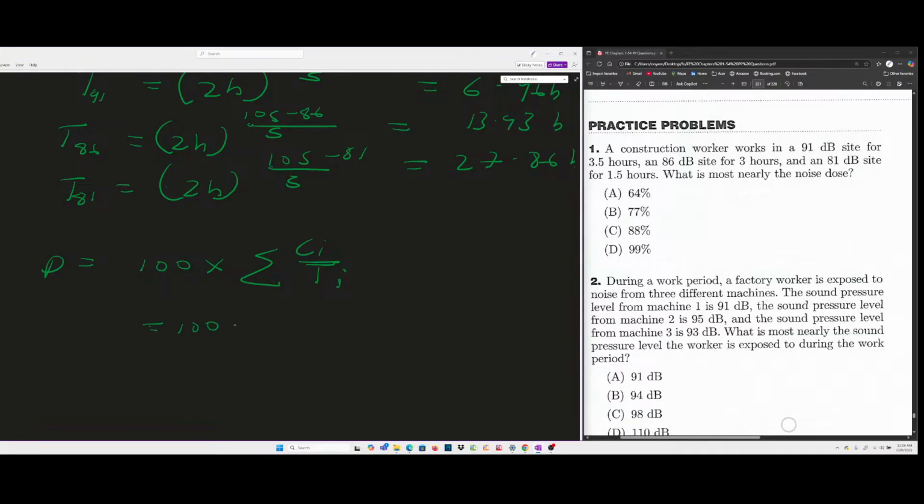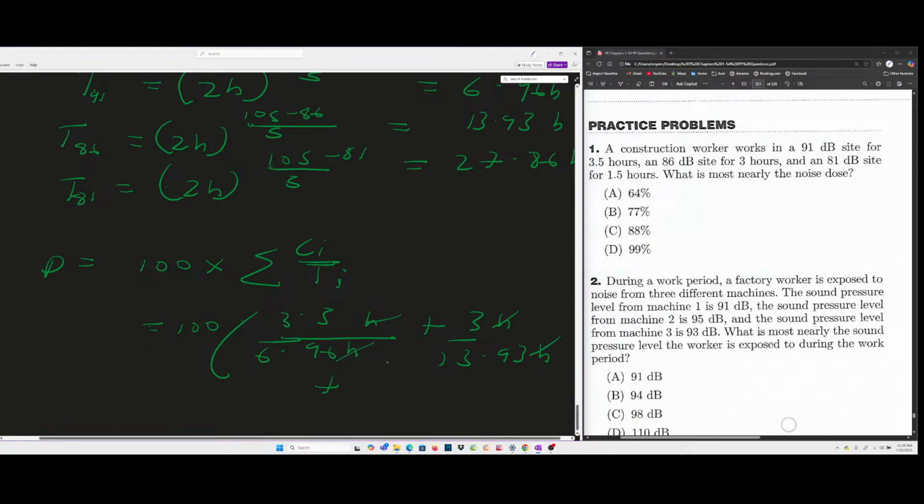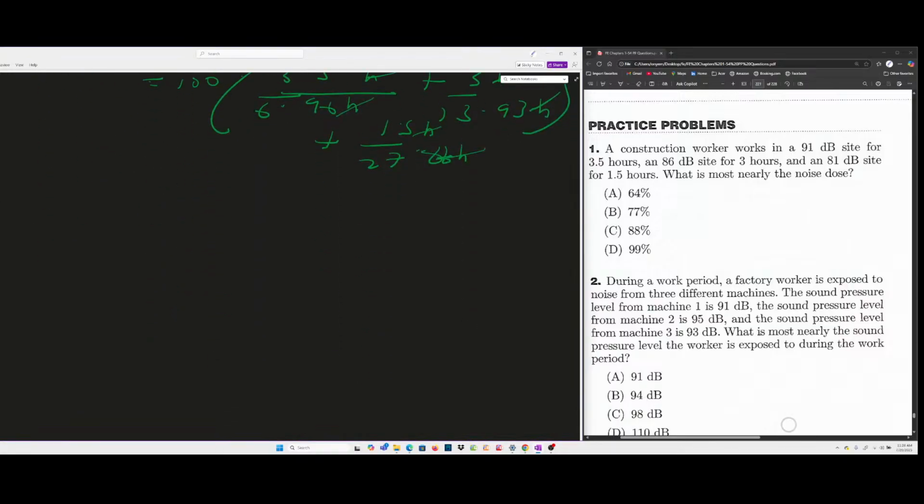So this equals 100 multiplied by 3.5 over 6.96 hours, the hours cancel, plus 3 divided by 13.93 hours, plus 1.5 over 27.86 hours. When we do this out, the dosage gives us 77%, which is B. I don't know why this is not here.